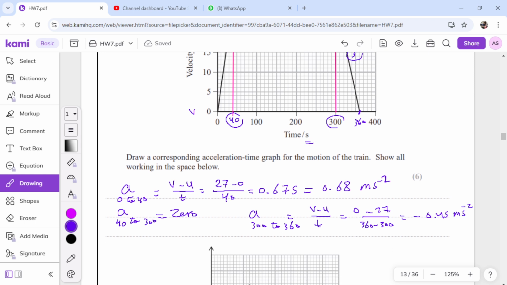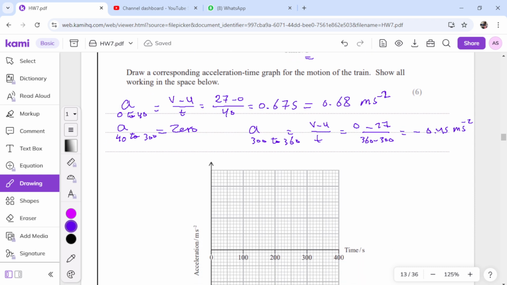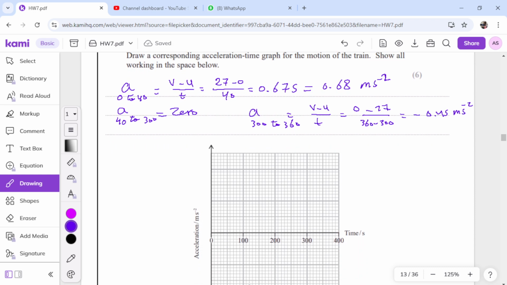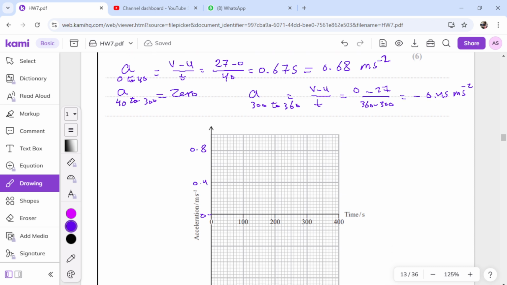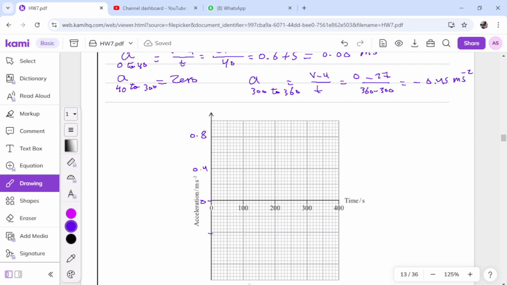Now the next step, I have to draw. To draw, you have to choose a suitable scale, so I start with 0. Now we have 0, 0.4, 0.8, and going down, negative 0.4, negative 0.8.